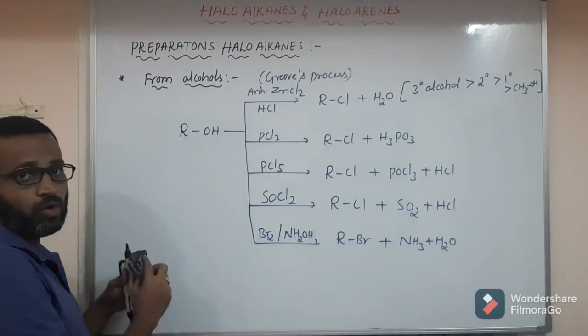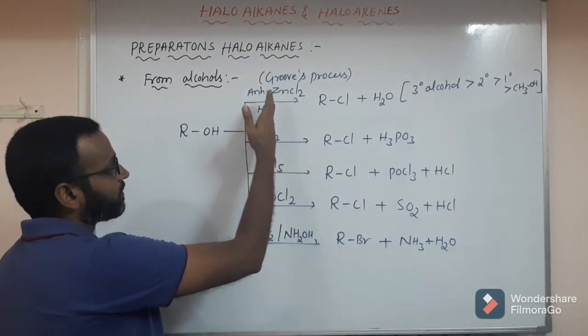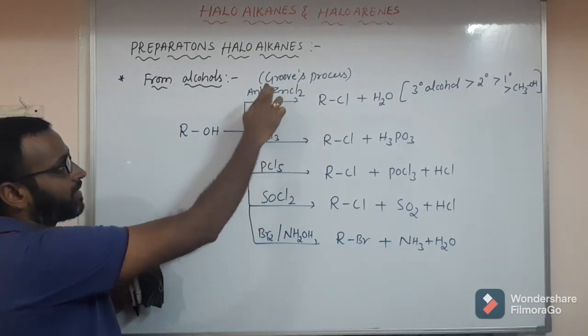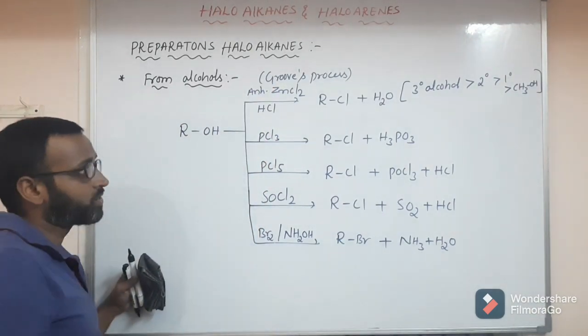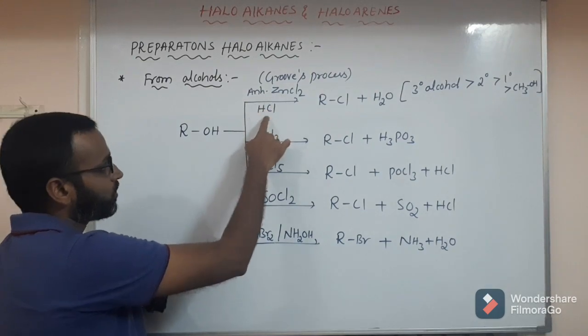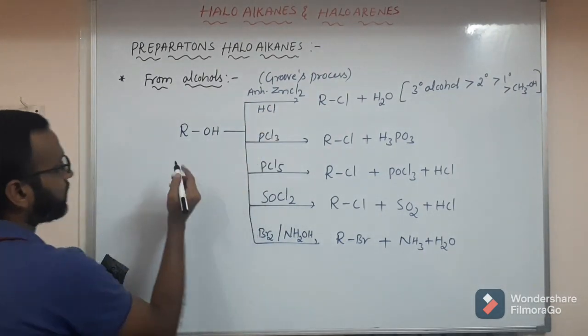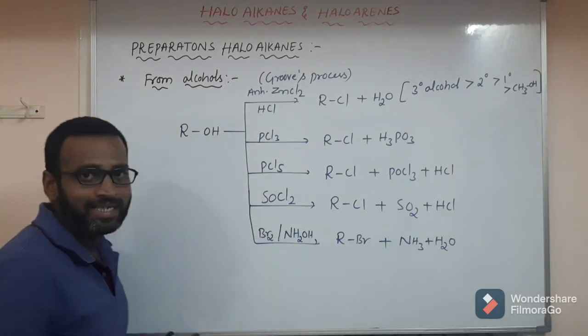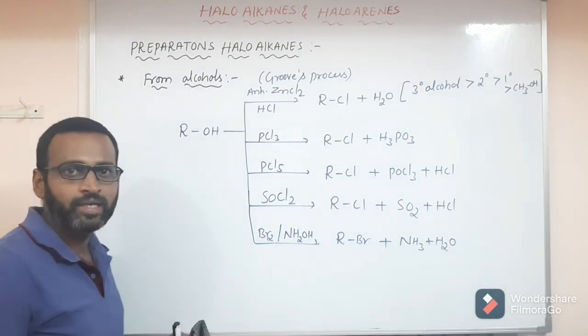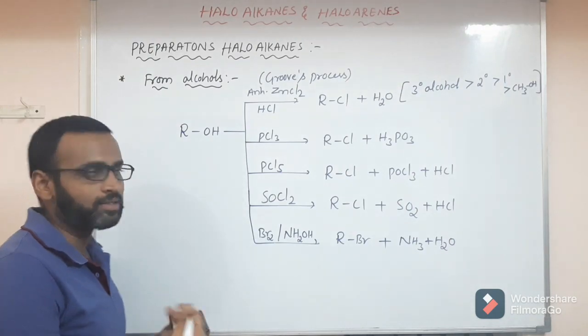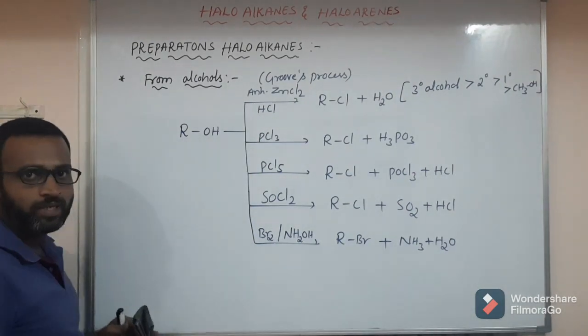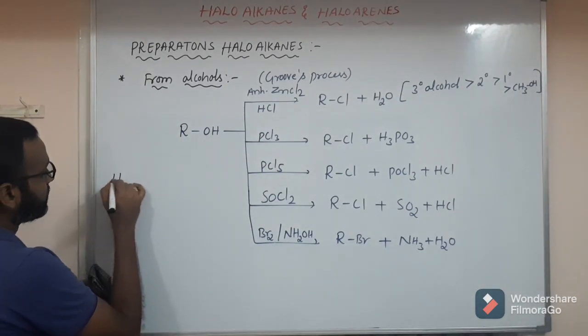These are from alcohols. Alcohol reacting with anhydrous ZnCl2 plus HCl is the Groves process, and the Groves reagent is anhydrous ZnCl2 plus HCl. Here ZnCl2 acts as a Lewis acid. It will accept Cl minus, so that HCl provides H plus.